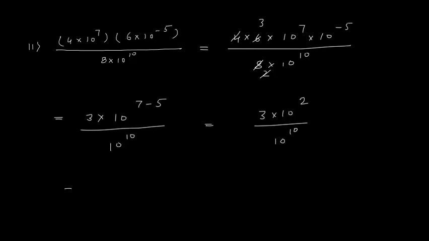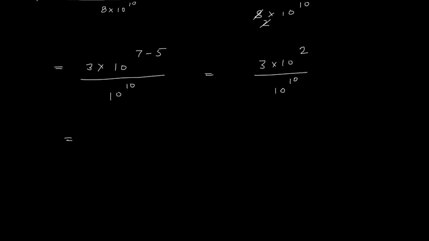Now this 10 base is same, the power 2 in numerator is smaller than power 10 in denominator, so we can write this as 3 upon 10 power 10 minus 2. So when base are same and they are in multiplication, we add the power, and when the base are same and they are in division but powers are different, then we use subtraction.